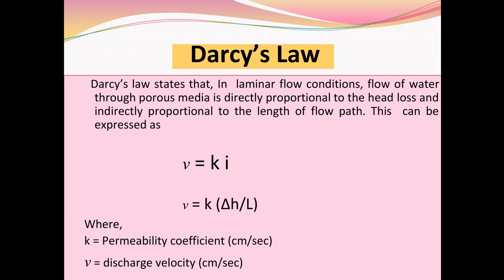This may also be expressed as small v equal to k into i, where i is the hydraulic gradient, which can be expressed as delta H by L. In this equation, k is the permeability coefficient and v is the discharge velocity.